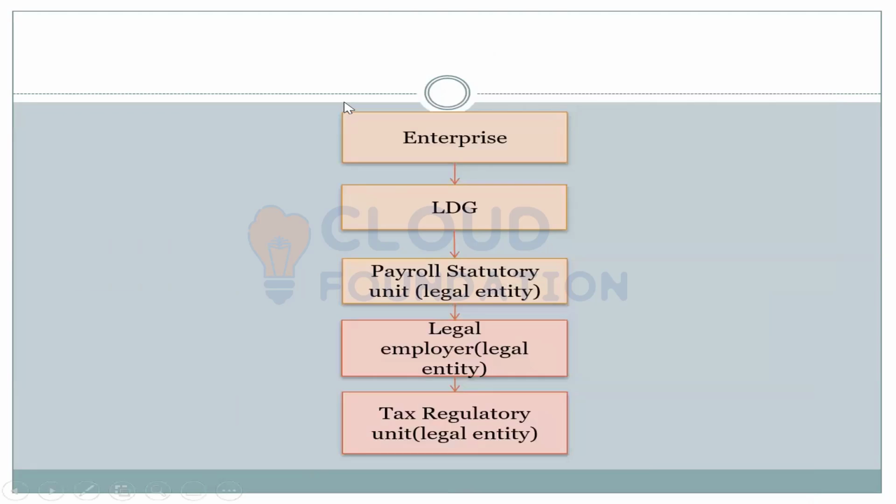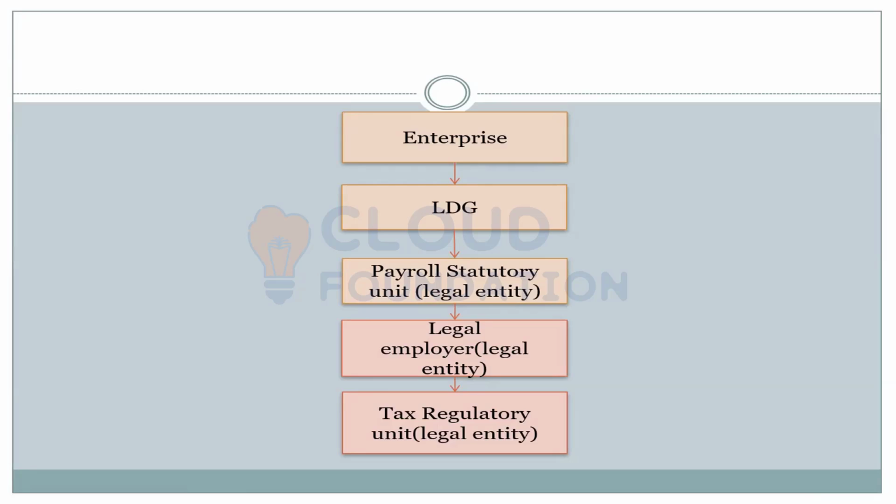Then we have the enterprise and LDG. Enterprise is the highest level of structure. LDG is the legislative data group. Legislative data group is country specific. That means every country has a legislative data group.